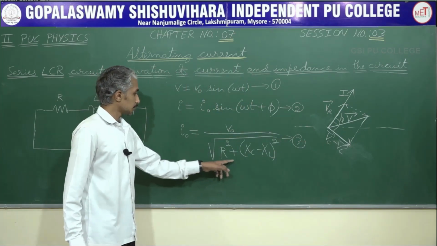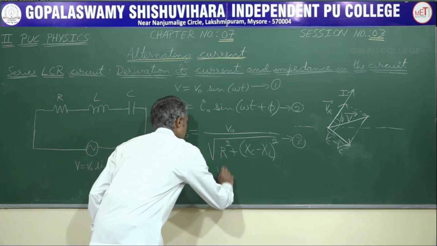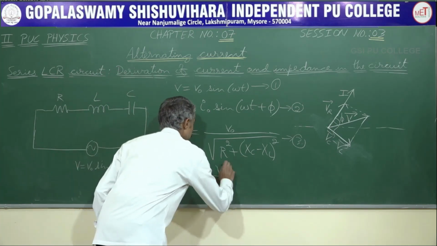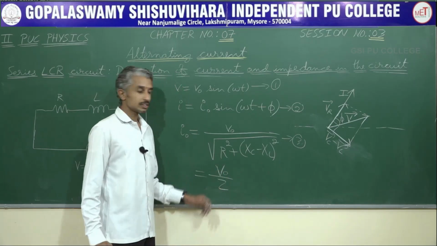This root of R square plus XC minus XL square entirely can be written as Z, and Z is called the impedance.